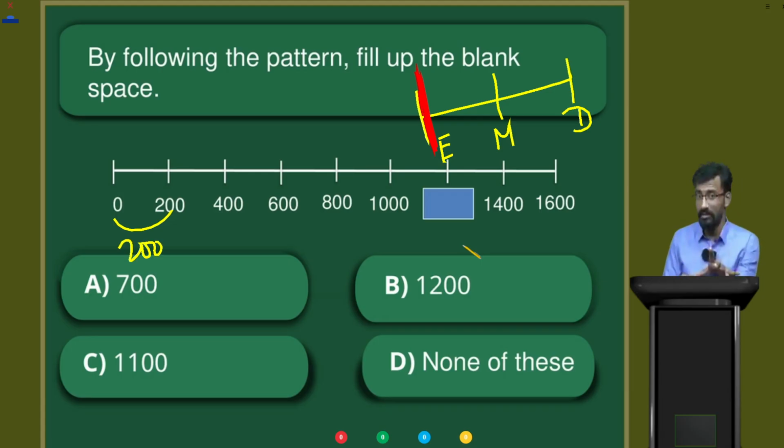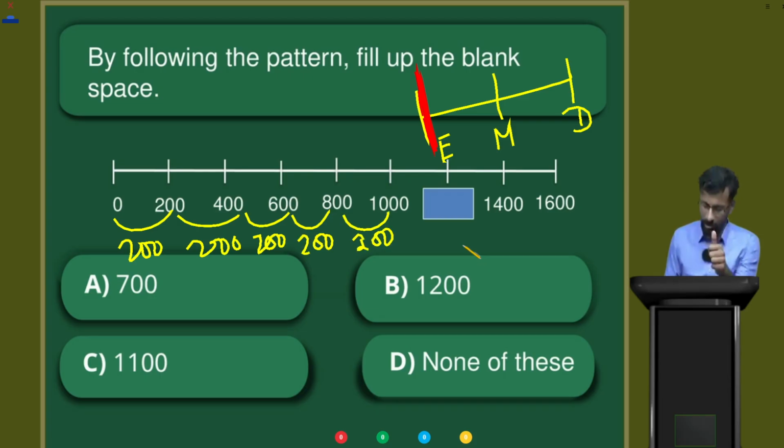200 difference, 200, then 200, then 200 difference, difference is 200. Now don't ask me what is the difference.